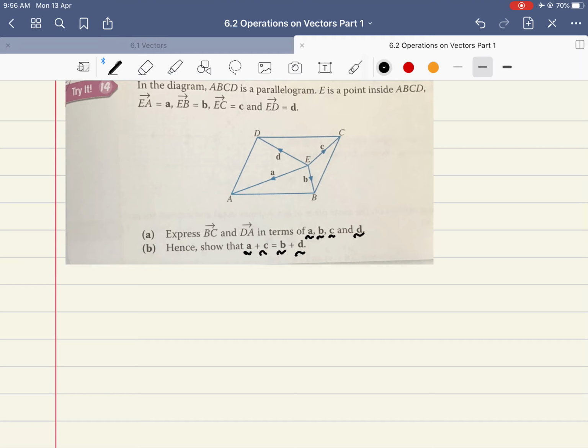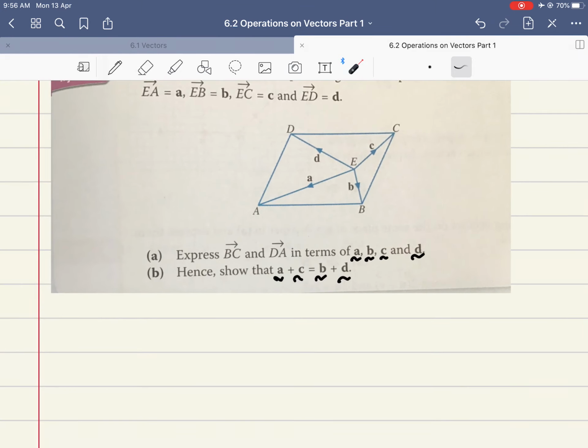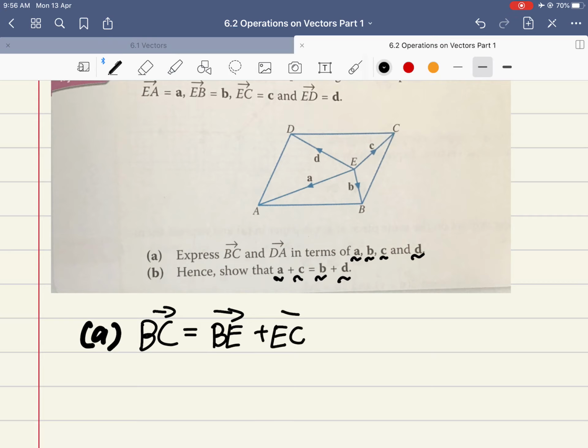Now first we have BC. How can we express the vector BC? BC can be made up of BE plus EC. So vector BC can be written as vector BE plus EC.